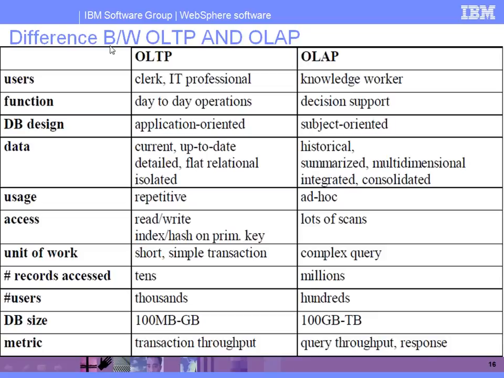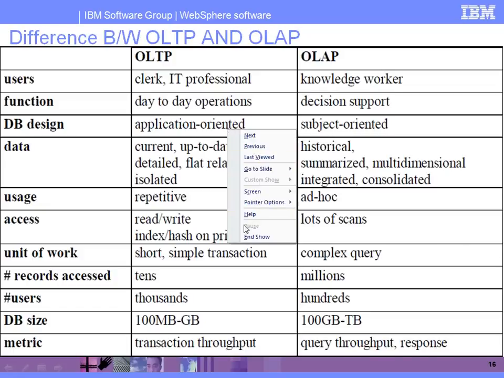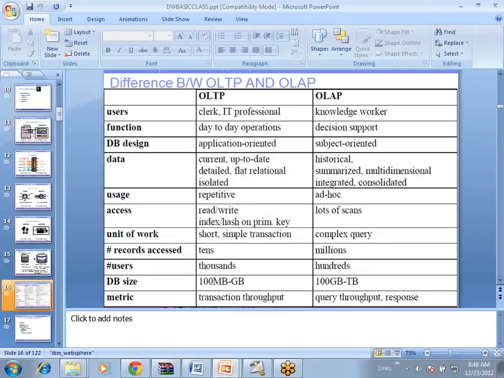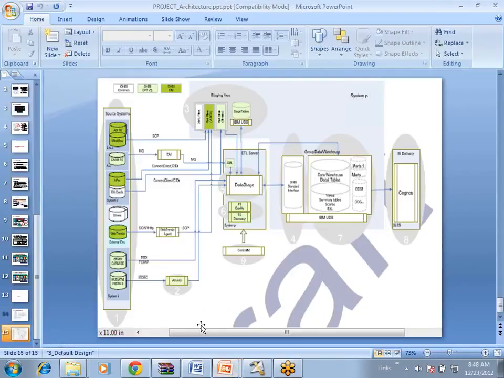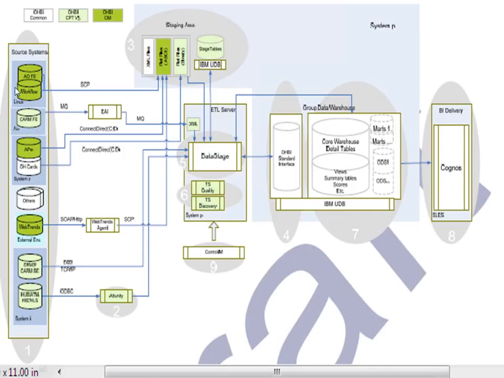Database design wise, the data we have in OLTP is application oriented data. Let me show you how it becomes application oriented data. If you see here, each and every source system is different application data. First one is account open. This is going to maintain only account open data. Next is workflows. This is going to maintain all transactional data. And this is APE. This is going to maintain all call center data.